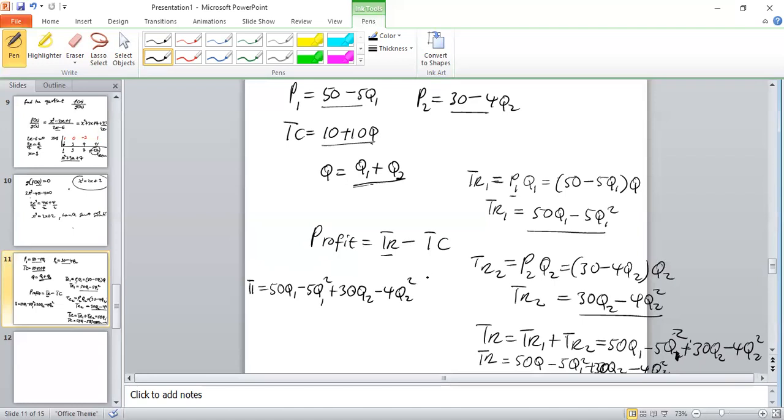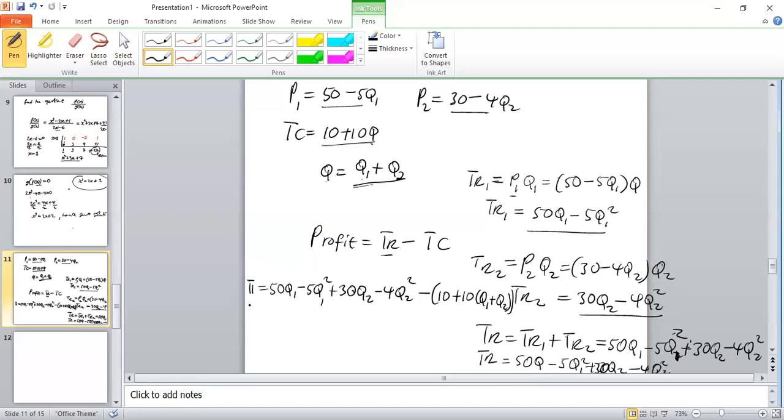Then we are saying minus total cost. So total cost is this 10. Put in brackets 10 plus 10, and instead of putting 10Q, we have been told that Q is Q1 plus Q2. So you put Q1 plus Q2 like that, then you close the bracket.